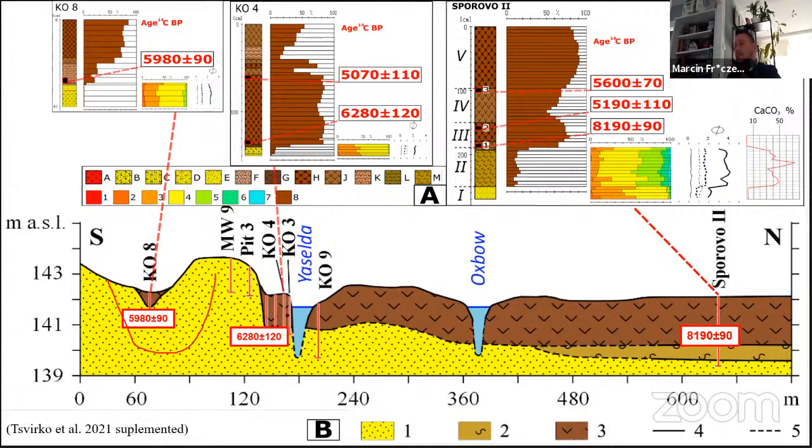And after that event starts the accumulation of undisturbed peats until 5,000 years before present. From this profile, we could say that this date could be connected with the disappearing of this Oxbow Lake, because after that time we are dealing with undisturbed accumulation of peats.